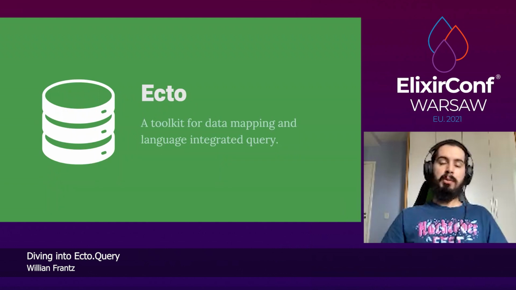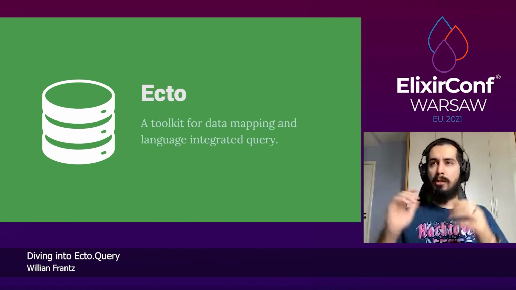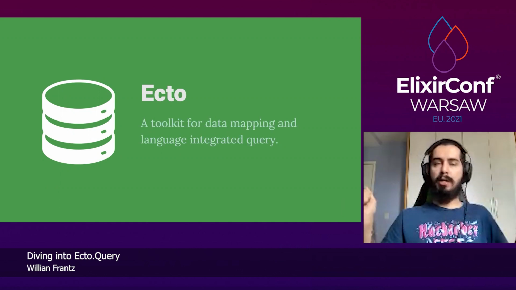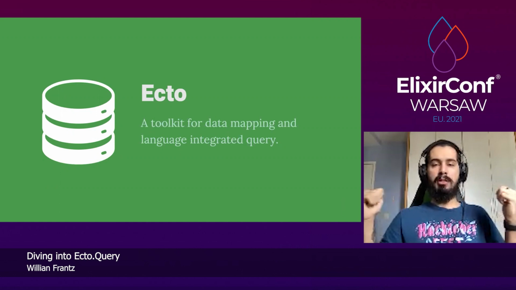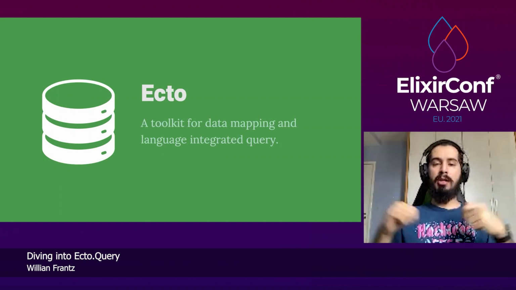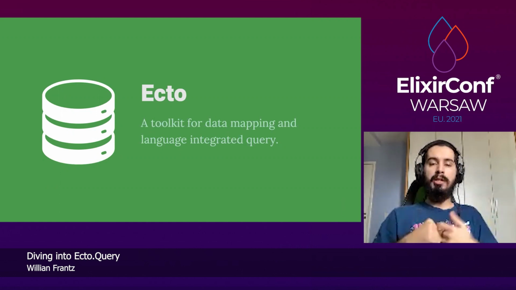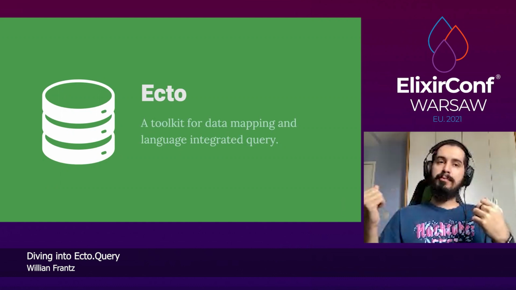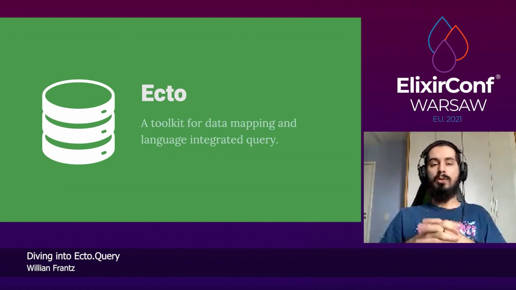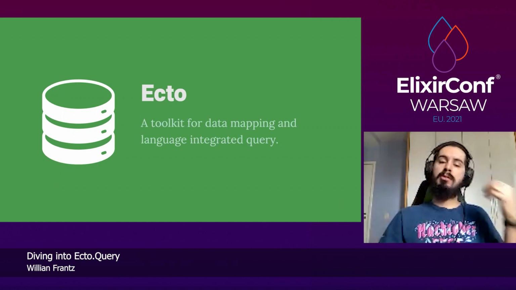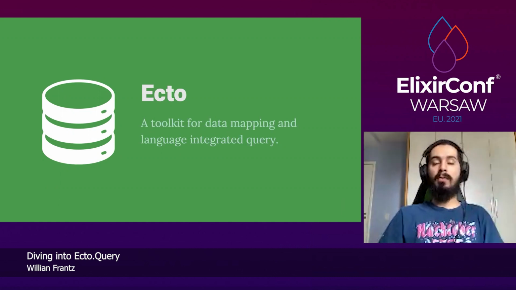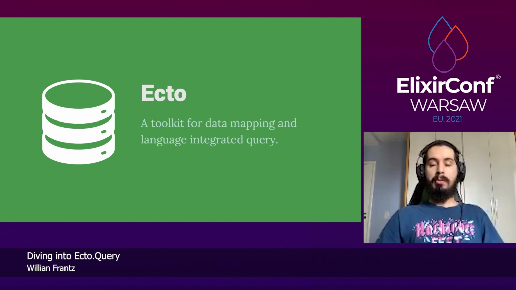Taking from this description, we could say that Ecto.Query is actually a bridge between our application and our database. So we're trying to connect both our database and our application. We want our application to send some data to our database, and we want our database to respond with the other data or application.